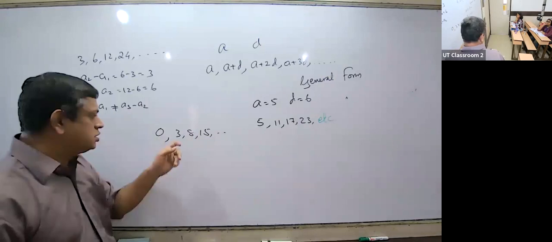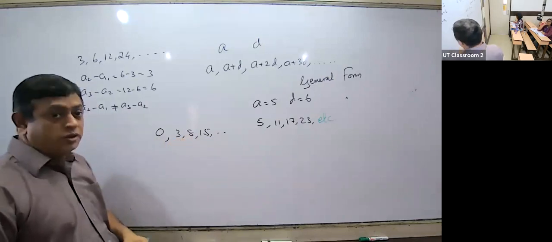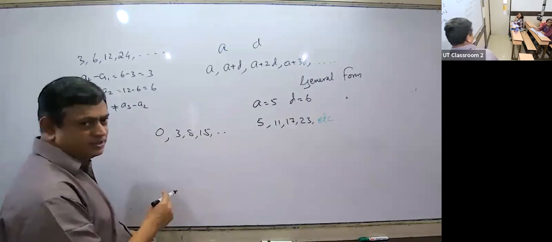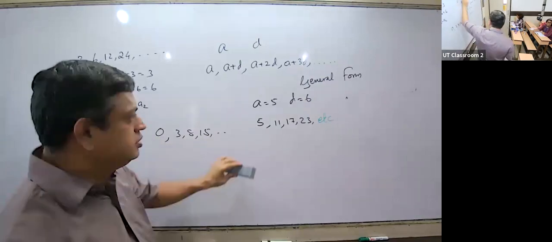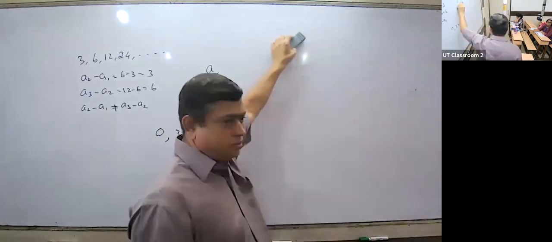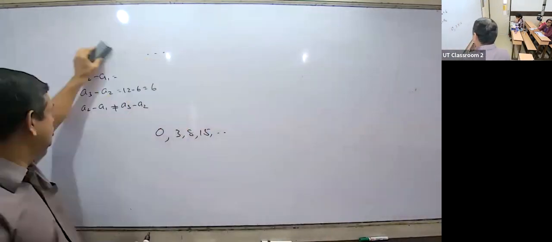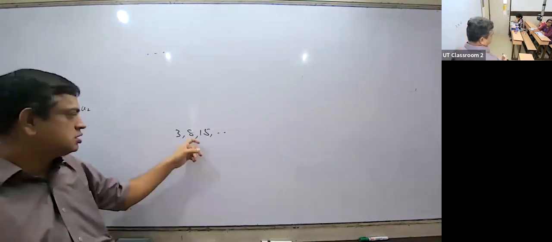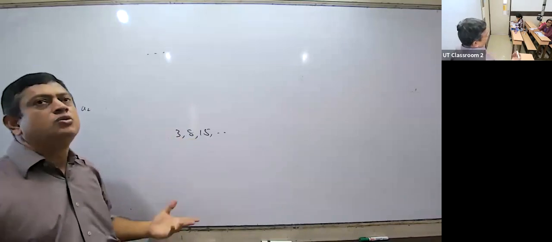What is 8 minus 3? It is 5. So are both equal? Check, what is 8 minus 3? You check.